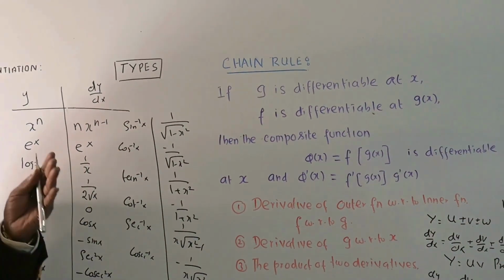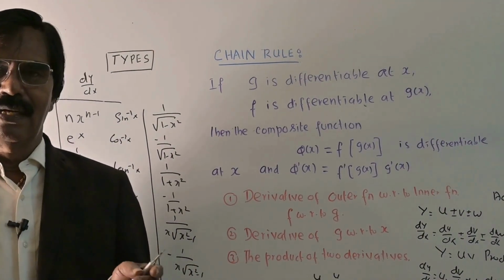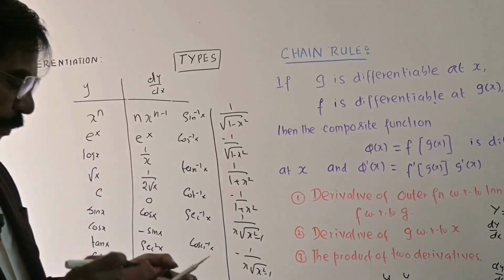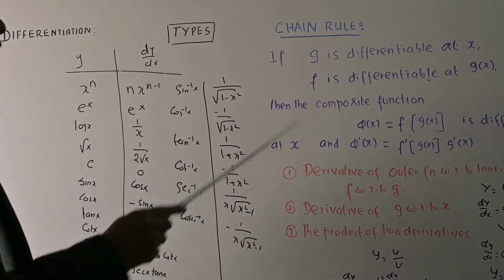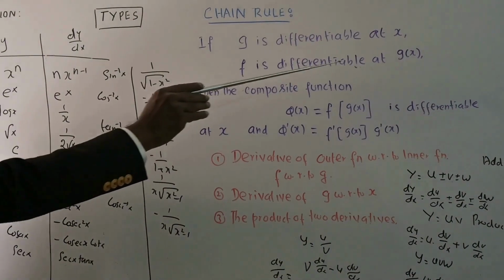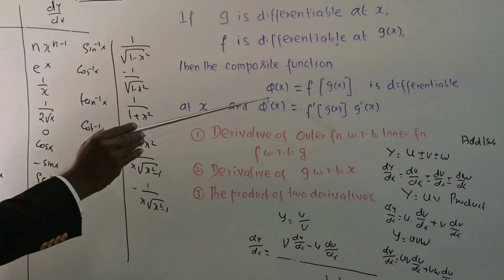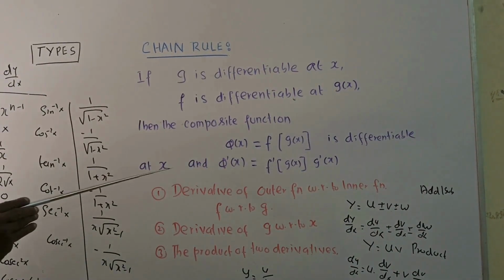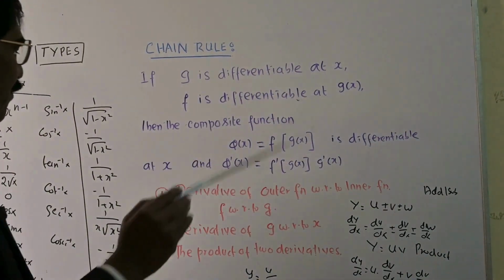Now, if a composite function, a function of a function, comes, we are supposed to follow the chain rule. Look, if g is differentiable at x, and f is differentiable at g of x, then the composite function phi of x, f of g of x, is differentiable at x, and phi dash x is f dash g of x into g dash of x.